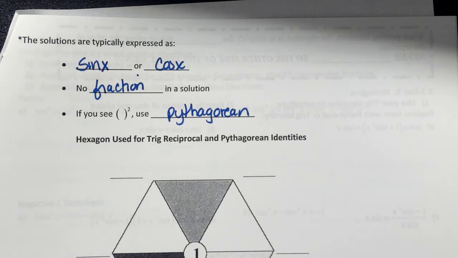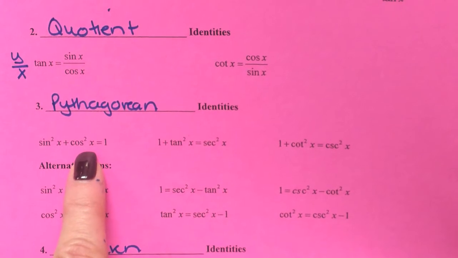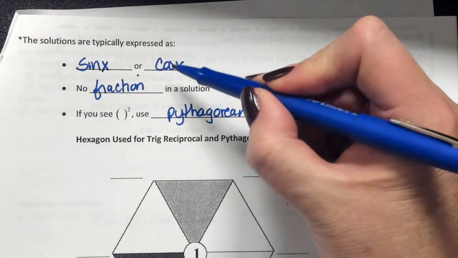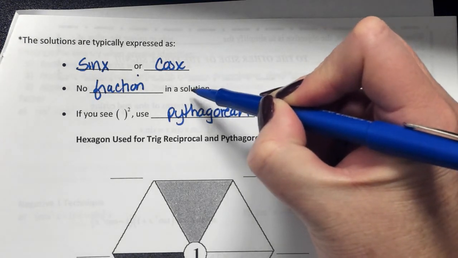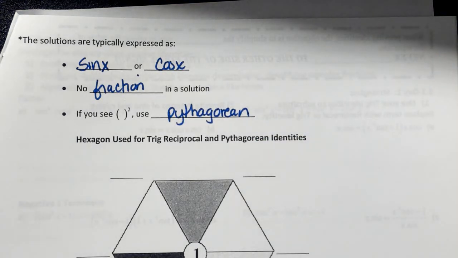Anytime you see a trig function squared, zero in on those Pythagorean identities. The question is, where do I get started? If you see something squared, that's where you want to zero in. So the strategies to try: change everything into sine and cosine, no fractions in your final answer if possible, and use your Pythagorean identities when you see something squared. That's kind of a jump start.